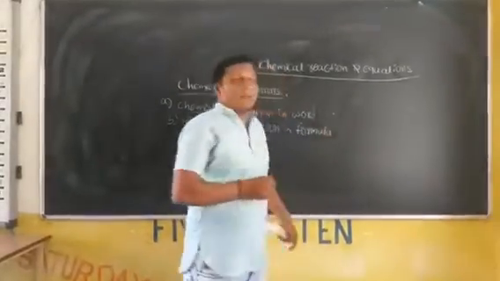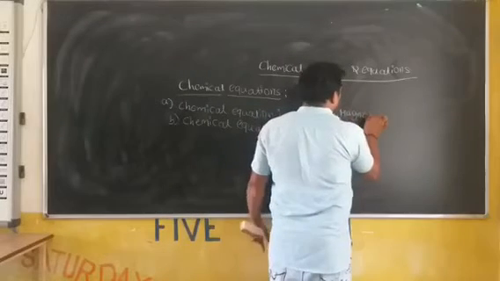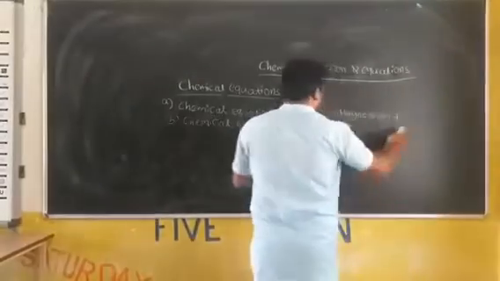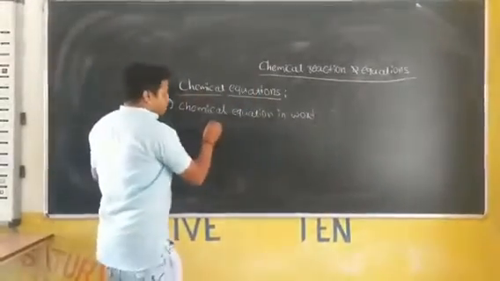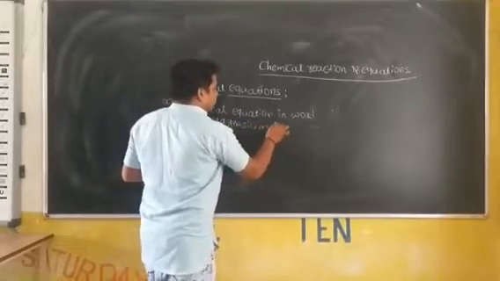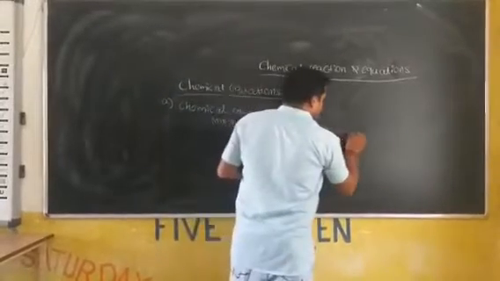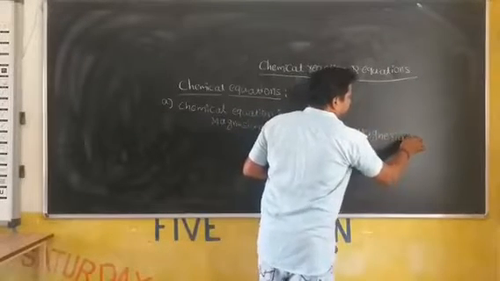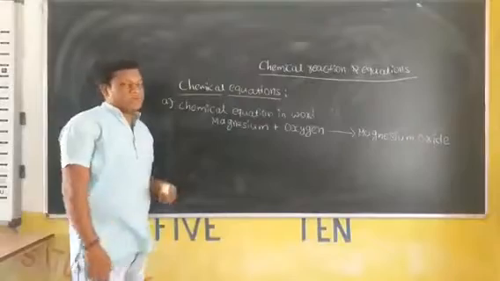Just to take an example: magnesium plus oxygen gives magnesium oxide. This is a chemical equation in terms of words.